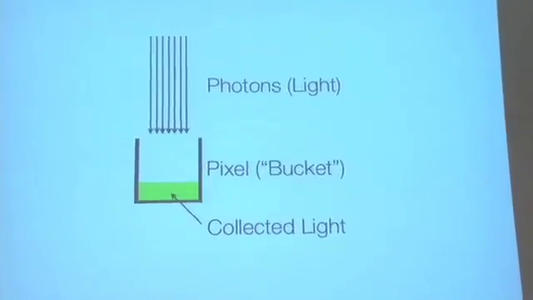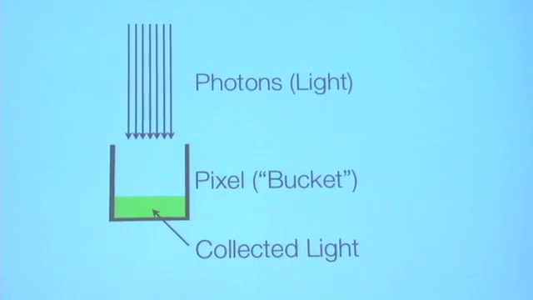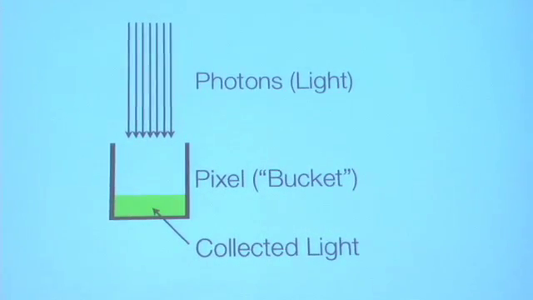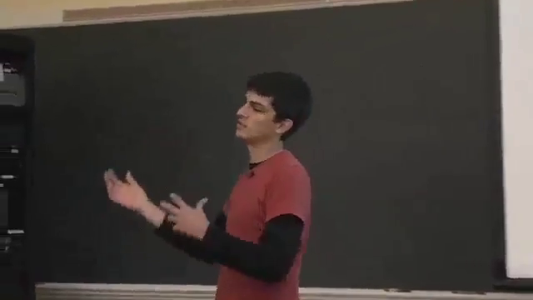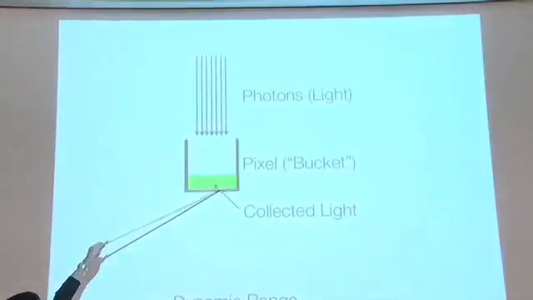And these buckets collect light. In this analogy, you can think of it as rainwater. So as rain falls onto these buckets, we're collecting the rain, and then after we're done, we measure the amount of rain in each of these buckets, and that helps us figure out how much light there actually is. So as photons come in, it fills this bucket with collected light. And there's sort of a minimum amount.